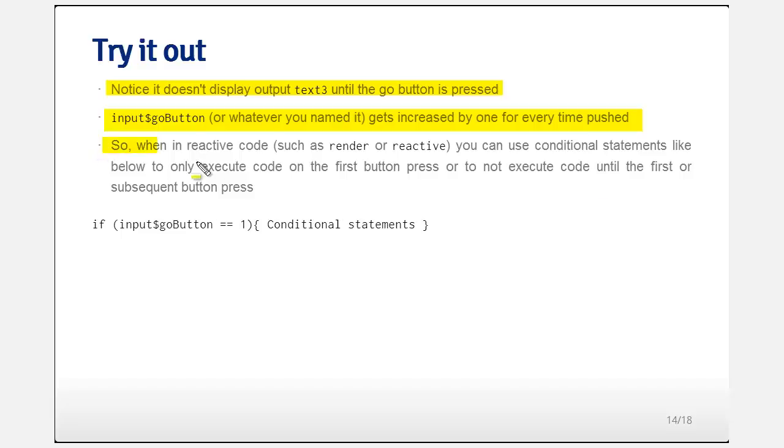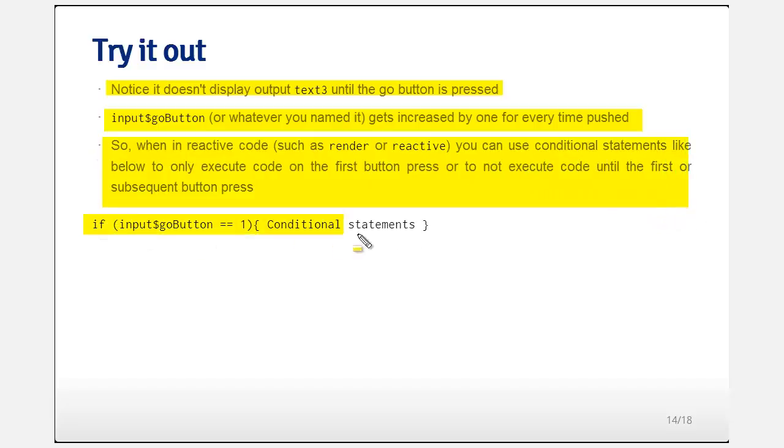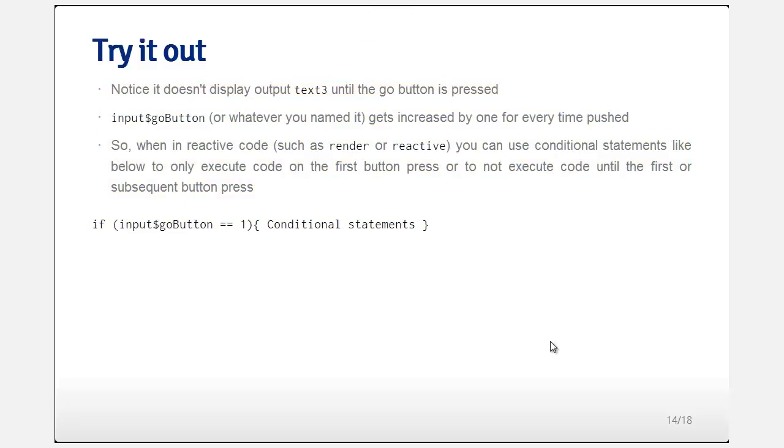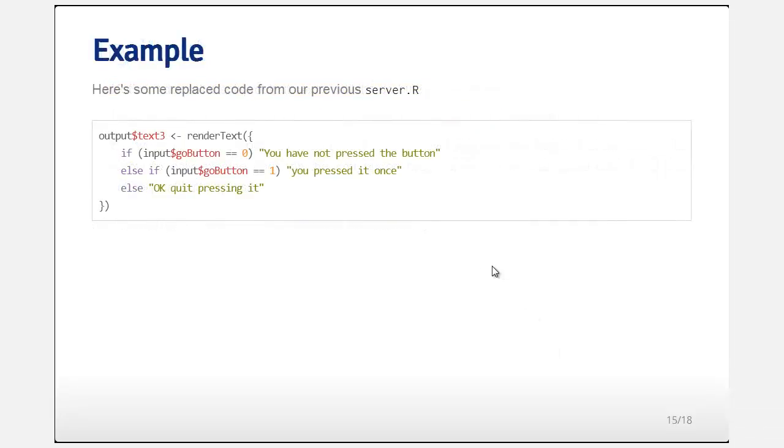So you can actually use that to create conditional statements, sort of like if go button equals 1, then you could say you've pressed the button once. So here I replaced the code in that other example where I said if go button equals 0, then you haven't pressed the button, if go button equals 1, you've pressed it once, and then else, okay, quit pressing it.